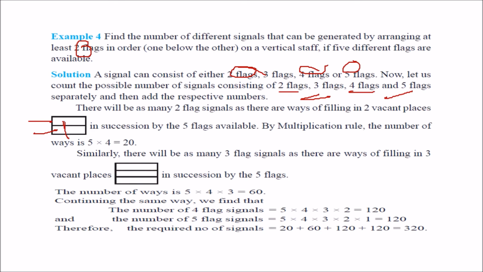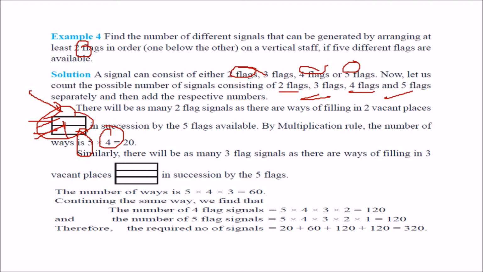So if we start with 2, there will be as many signals of 2 flags as there are ways of filling 2 vacant places in succession by the 5 flags, because there are 5 available. So you have 5, then you have 4.